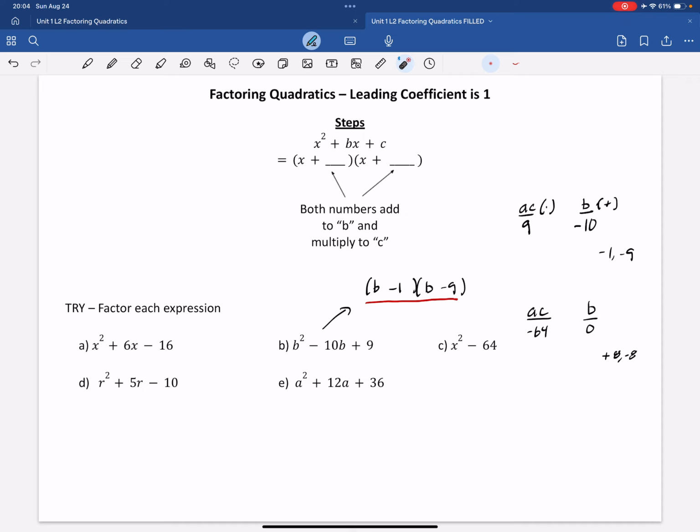And in this case, it was positive 9. In this case, it was negative 64. And then we looked at our B value. It was negative 10 here. Here it's actually 0. And we try and come up with two numbers that satisfy those two conditions. If we have those and the leading coefficient is just 1, it's just a simple copy paste. Okay?